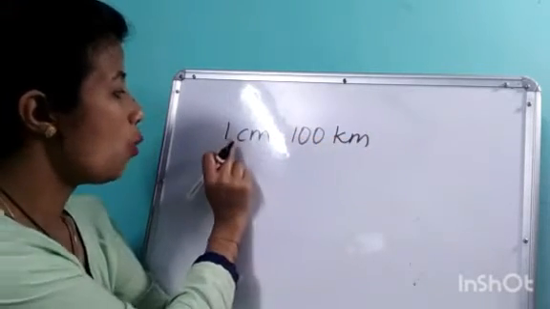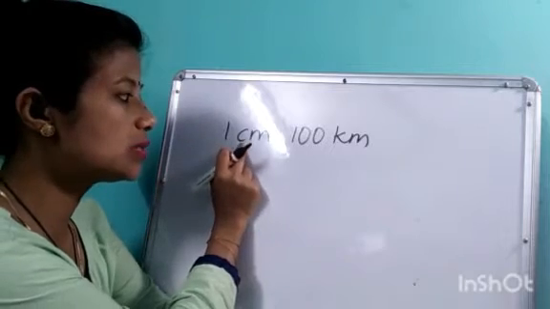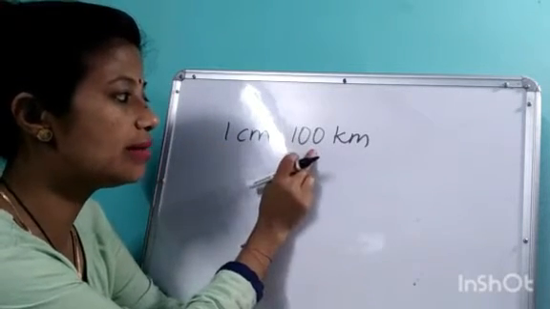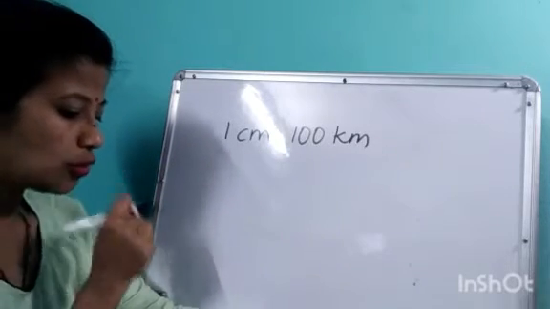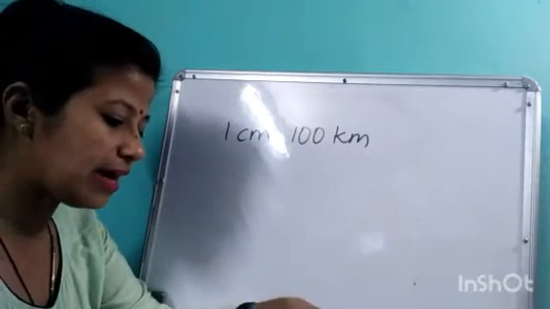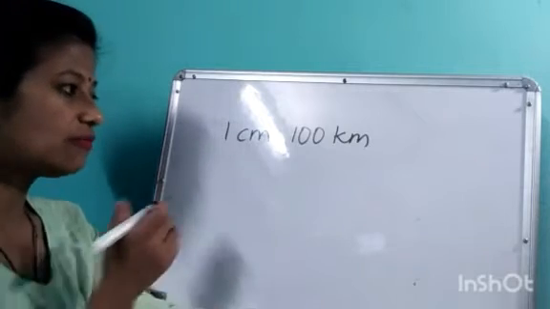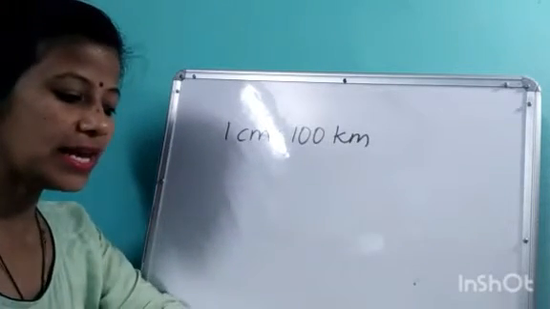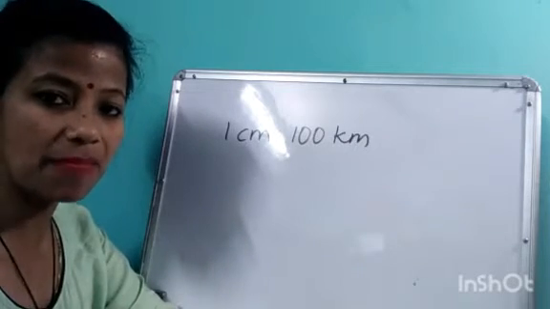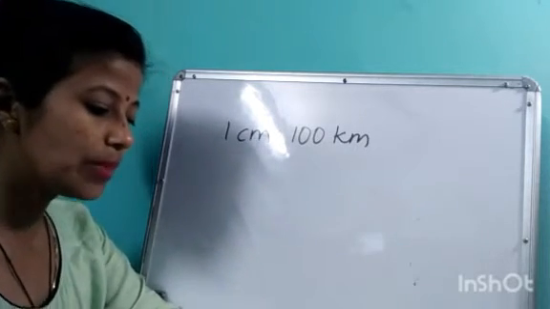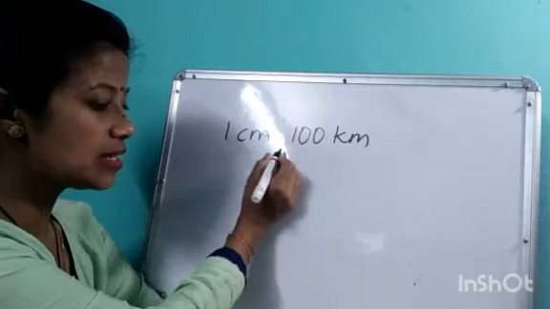It means 1 centimeter on the map is equal to 100 kilometer on the ground. Then two places have a ground distance of 5000 kilometer. For taking out the distance of 5000 kilometer on the map, what do you have to do?